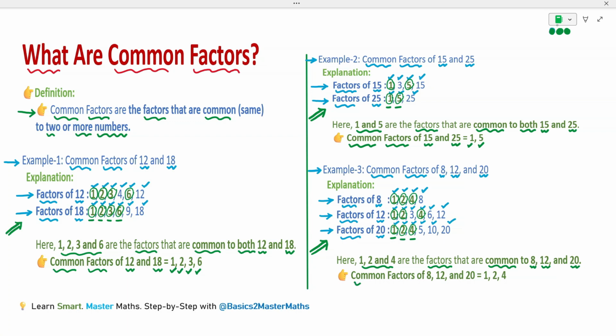So, common factors of 8, 12 and 20 are 1, 2 and 4.